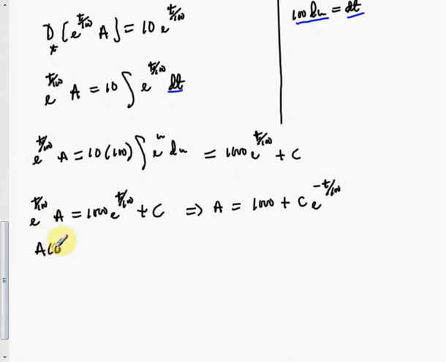So A of 0 is equal to 0. They're pumping it in, right? What's there initially is the 500 gallons of water, right? So there's no salt initially. So we can use this initial condition to solve for C. So we have 0 is equal to 1,000 plus C times e to the 0. And that implies that C is equal to negative 1,000.